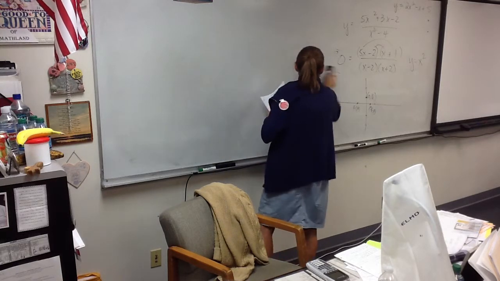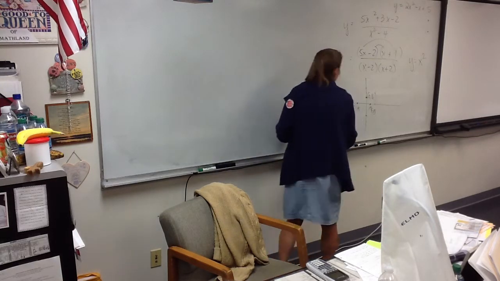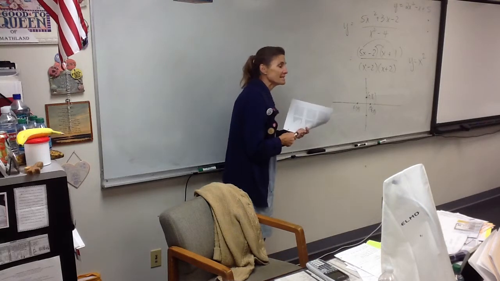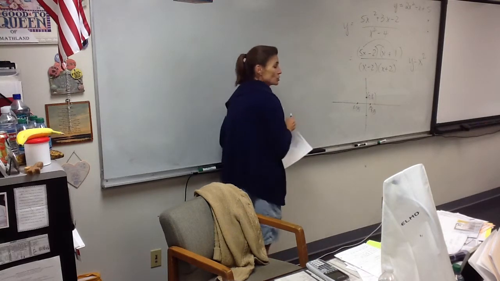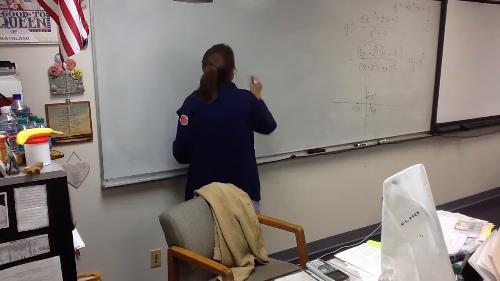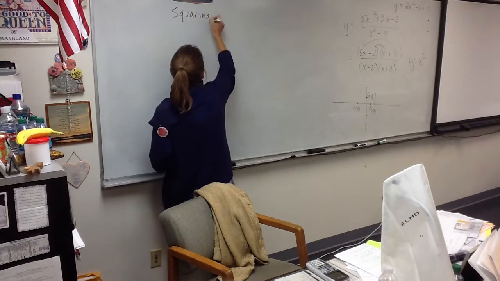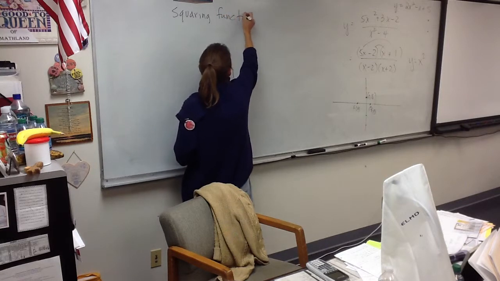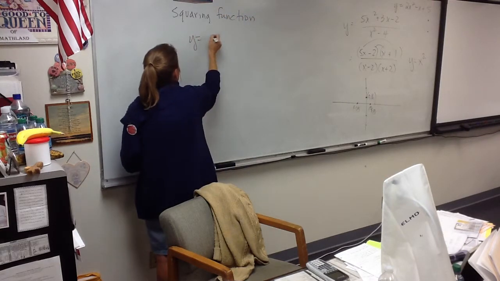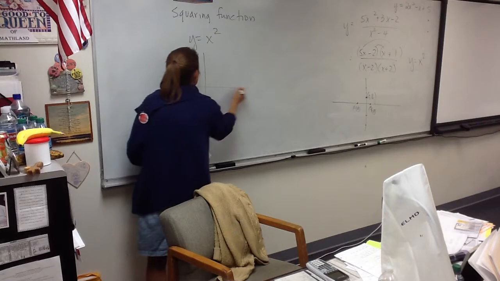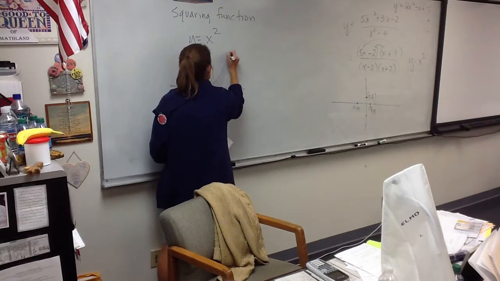Everything else, I think you can figure out as you go. So for example, let's just use the squaring function. You need to know the name of it. It's called the squaring function. Its equation is y equals x squared, and its shape is this.